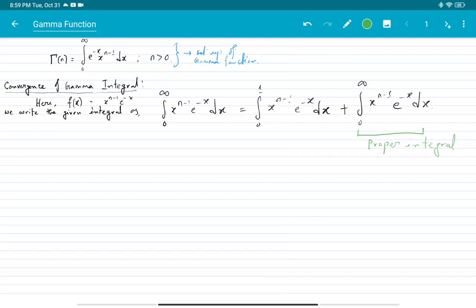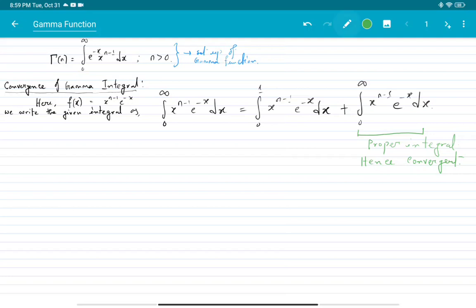As this integral is a proper integral, hence it is convergent.